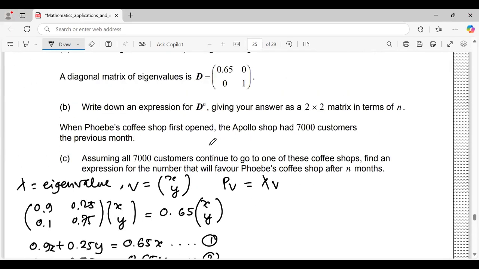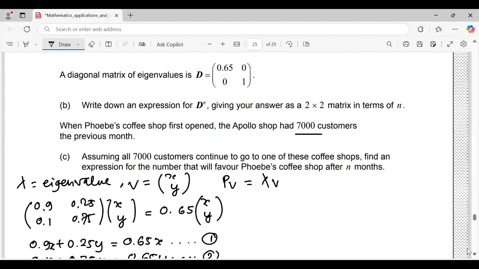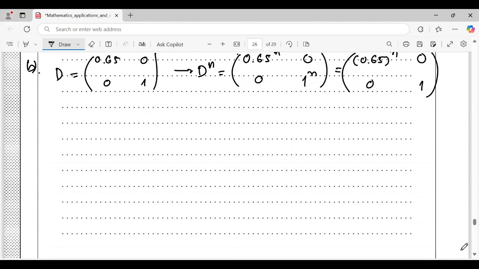Part C. When the famous coffee shop first opened, the Apollo shop had 7,000 customers the previous month. Assuming all 7,000 customers continue to go to one of these coffee shops, find an expression for the number that will favor Fabri's coffee shop after n months. Let's see.